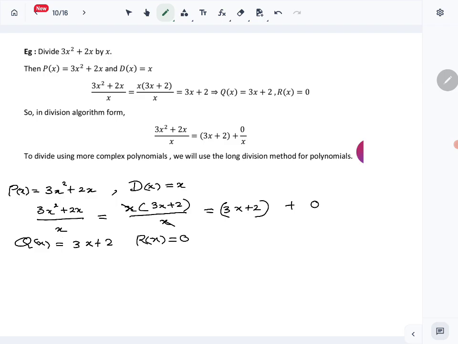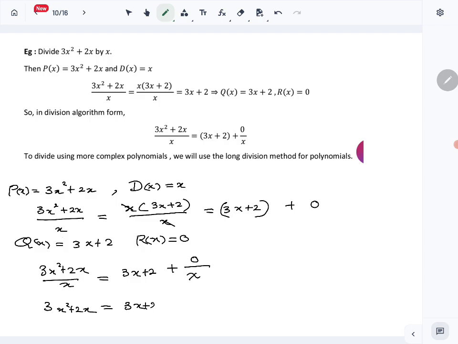You can write it in division algorithm form. 3x squared plus 2x over x is what? What is the quotient? 3x plus 2 plus remainder over divisor. That is division algorithm first form. Second form is what? 3x squared plus 2x is equal to what?